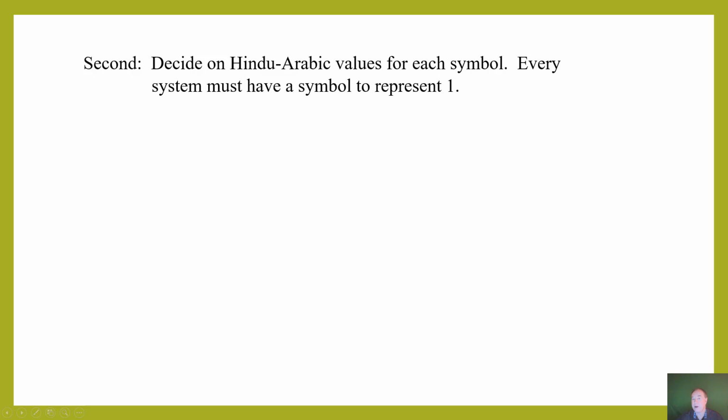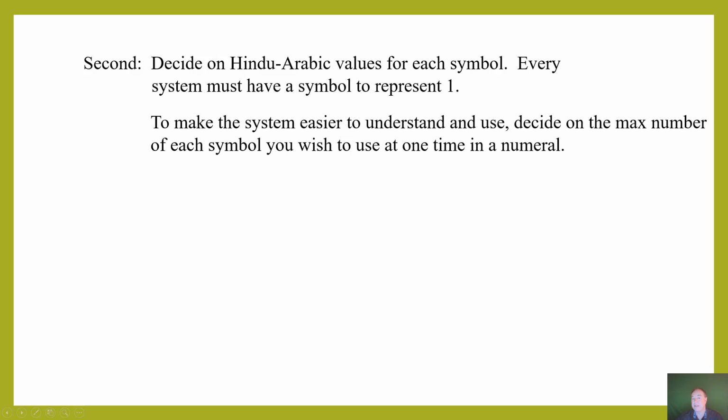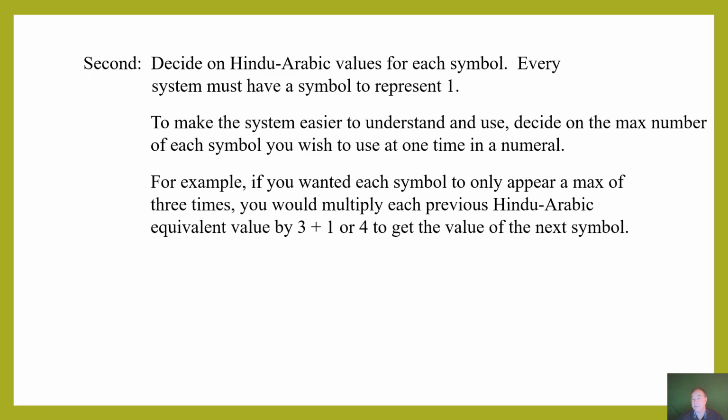Second, decide on Hindu-Arabic values for each symbol. Every system must have a symbol to represent one. To make the system easier to understand and use, decide on the max number of each symbol you wish to use at one time in the numeral. For example, if you wanted each symbol to only appear a max of 3 times, you would multiply each previous Hindu-Arabic equivalent value by 3 plus 1, or 4, to get the value of the next symbol.